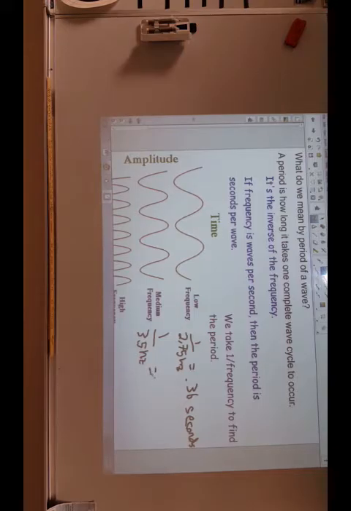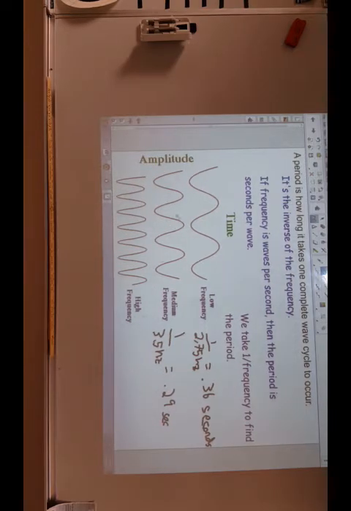If we take 1 divided by 3.5, you're going to see that it's 0.285, so I'm going to round that to 0.29 seconds. So the period of this medium frequency is 0.29 seconds.